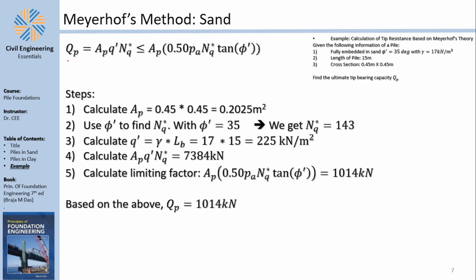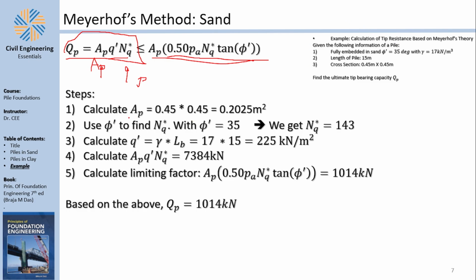The equation for that is the bearing capacity equation subjected to this limit. What is this exactly? This is AP QP, and you know that QP is C NC, Q NQ, but C is 0, and that's why you only have Q NQ. And of course, it must be less than AP Q limit, and Q limit is half atmospheric pressure NQ tan phi. So yeah, you have everything you need.